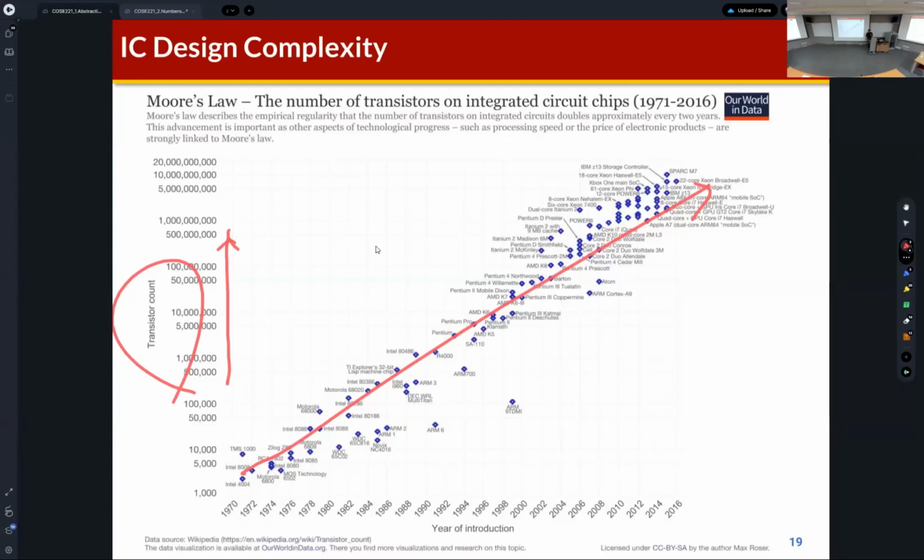So computer systems are very complex, and if we just focus on a single chip like the CPU, I also explained that a single CPU includes billions of transistors, right? Which means it's a very complex system.